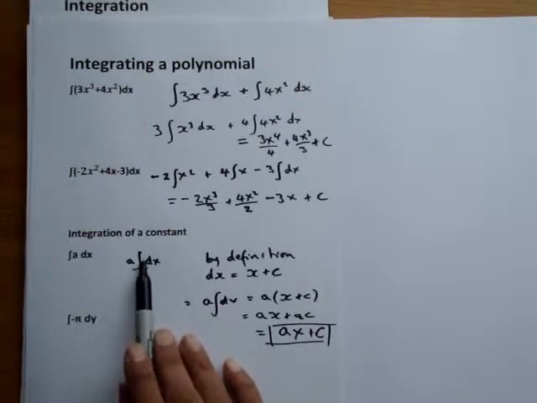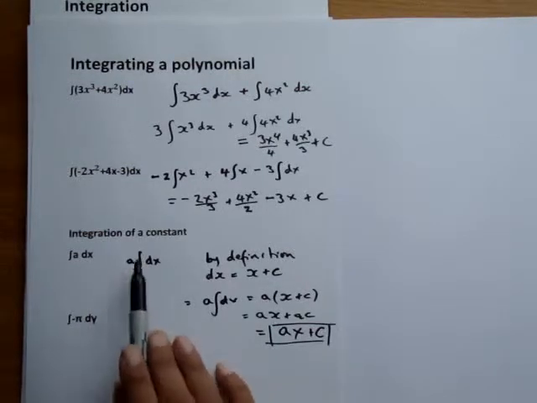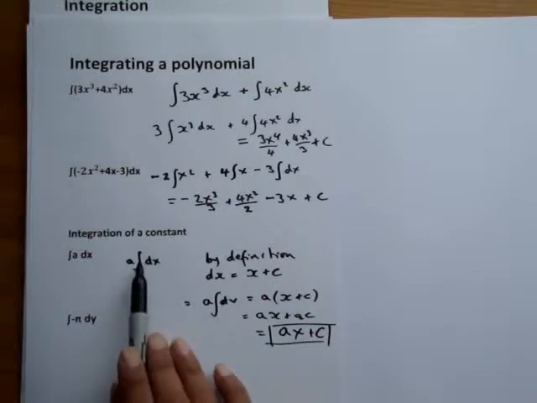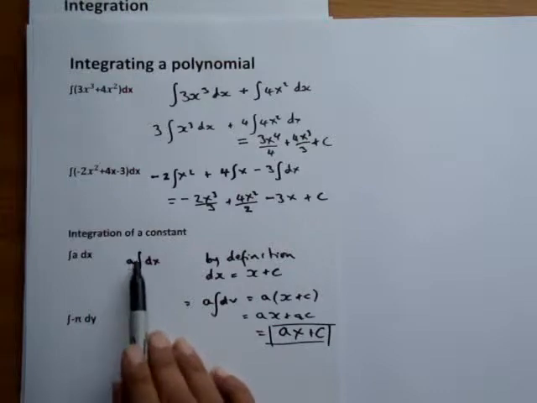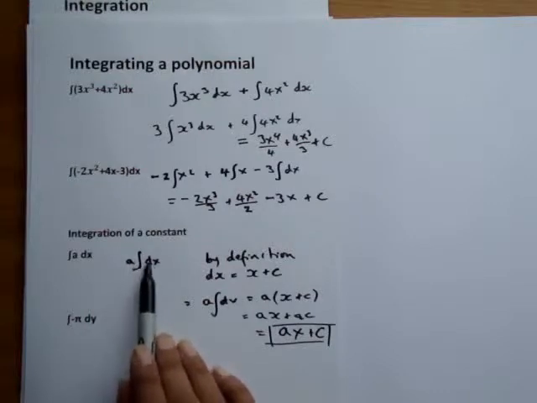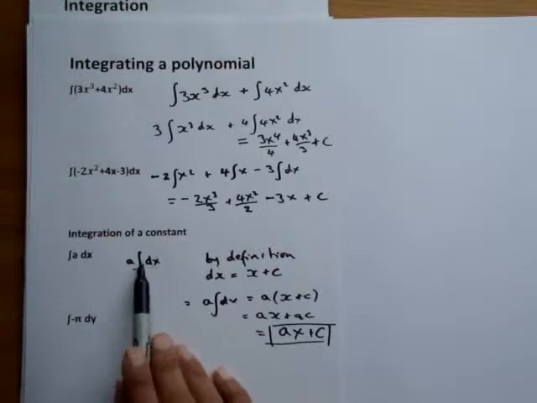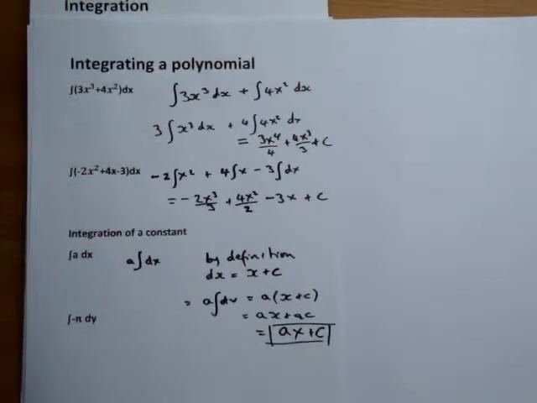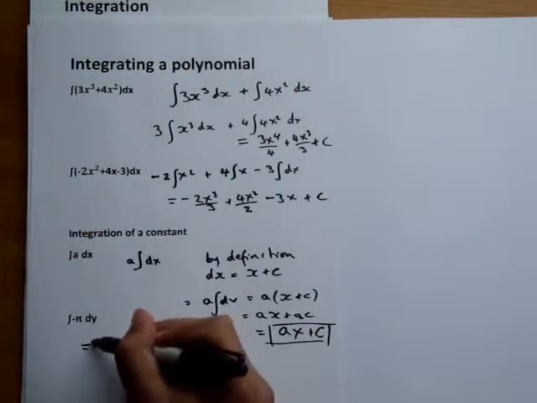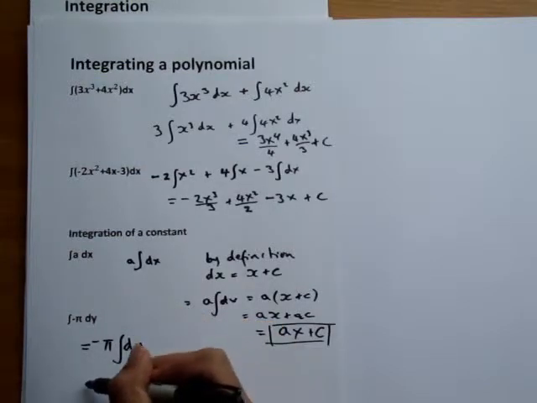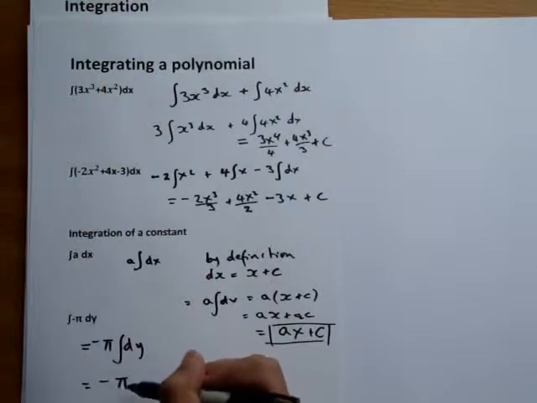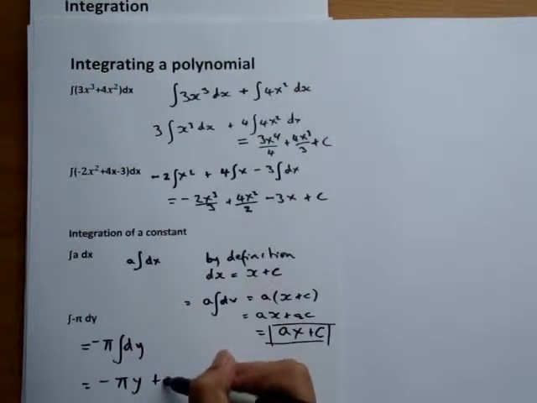Where we have nothing there, we take that to be a 1, and when we integrate the 1, that becomes the x. To do it really quickly: integrate dx to get x, bring the a back over, ax plus c. Similarly, the integral of minus pi dy equals minus pi times the integral of dy, which equals minus pi y plus c.